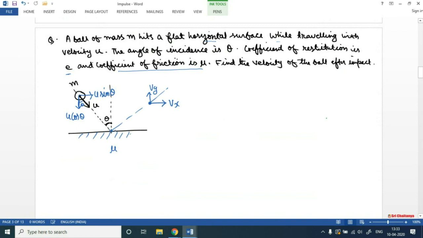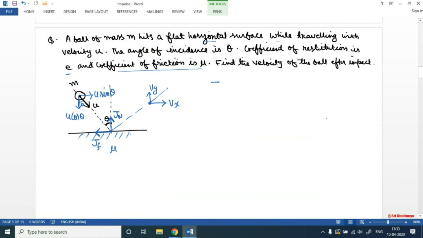So using the impulse momentum theorem, first of all, what impulse would be acting on this body during the collision? There would be impulsive normal over here, and when the normal is impulsive, the friction here will be impulsive as well. So that would be impulsive friction as well.